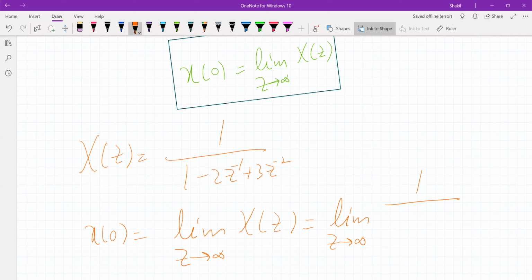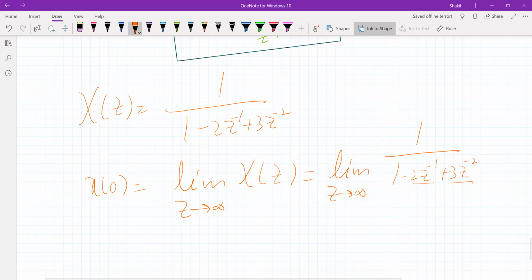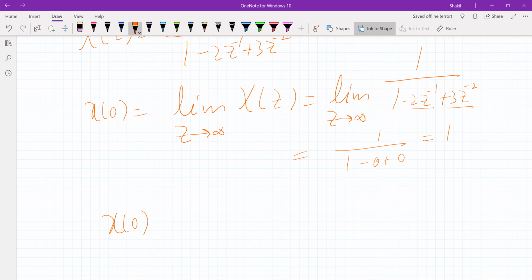When z tends to infinity, these terms are 0, so we are left with 1. So the initial value of the signal is 1.